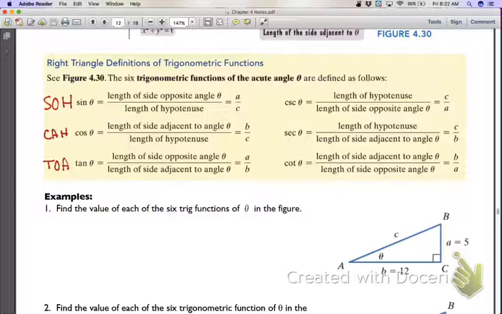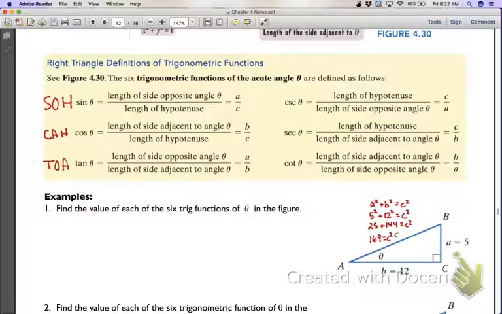So if we just use Pythagorean theorem, and remember it's a squared plus b squared equals c squared, then I'm going to have 5 squared plus 12 squared equals c squared. Now this is a special right triangle because it's going to be a nice, neat number as far as what our c value or hypotenuse value is, because it's going to be 25 plus 144 equals c squared, or 169 equals c squared.